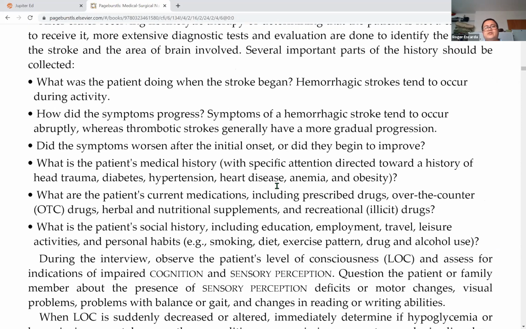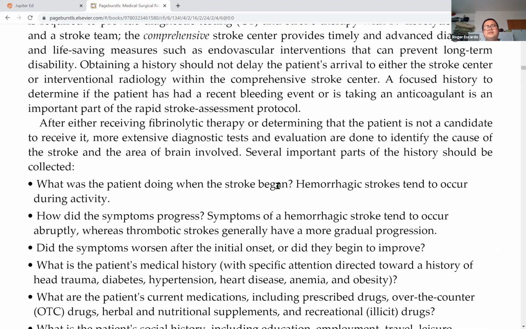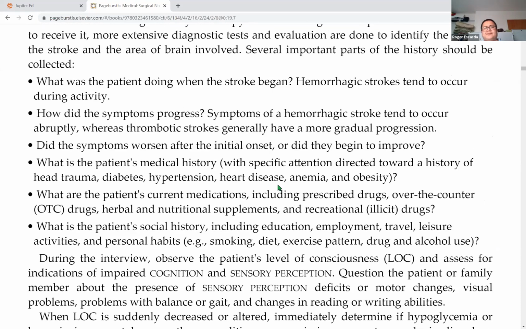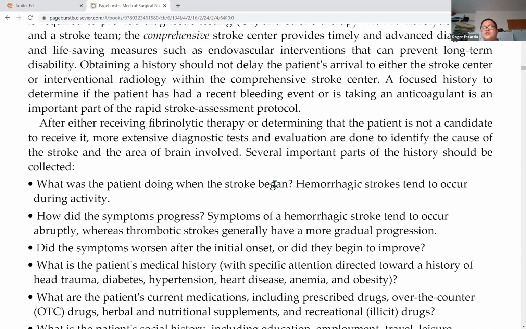So let's go straight to, because the signs and symptoms we already talked about in chart 45-1 under TIA. But a crucial question upon admission will be, when did the symptoms begin?